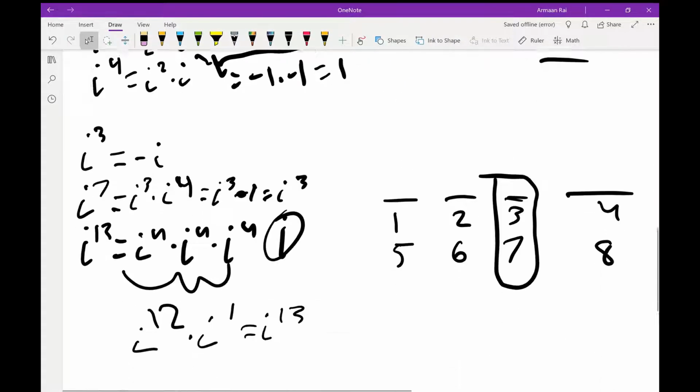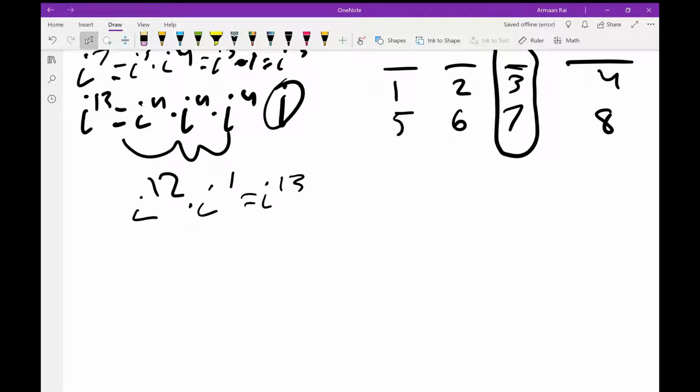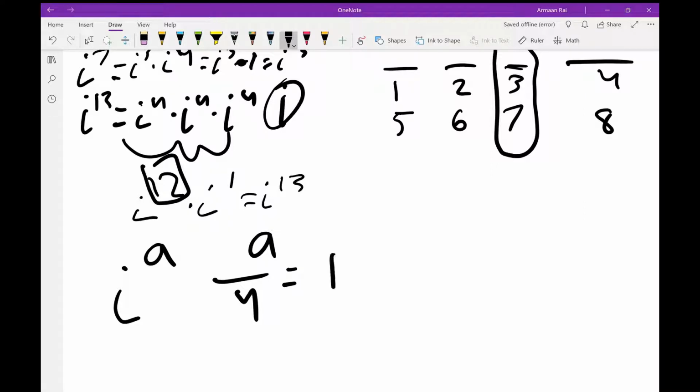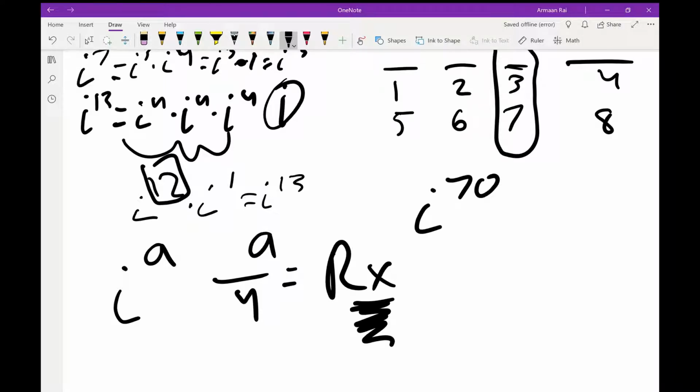Now, why does this matter? Well, we know 12 is a multiple of 4. So if we take a number, let's say i to the a, we can take a and divide it by 4. Whatever the remainder is, let's call it x, this is what you raise i to. So let's say you have i to the 70th power.